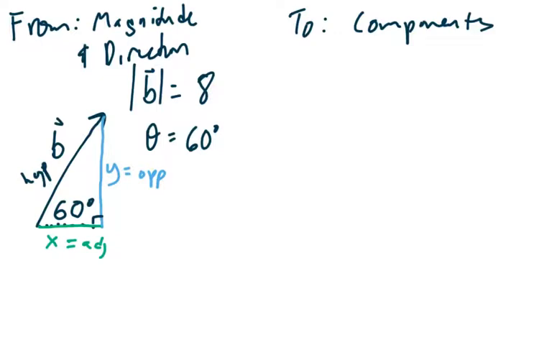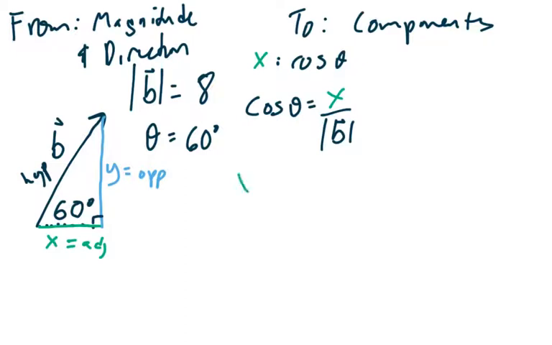So if I'm looking to find the x, I'm going to need cosine, because cosine theta is equal to x over the magnitude of the vector. Solving for x, I'm just going to multiply both sides by the magnitude of b, so that x is equal to the magnitude of b times cosine of theta.